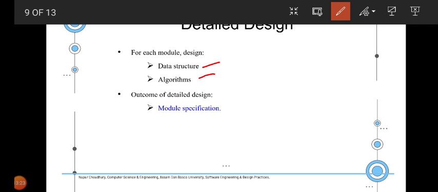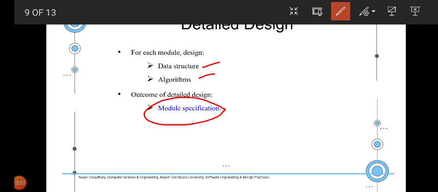So these three important aspects will be dealt with in this particular design strategy, and we will first get an idea about the various types of data types, data structures and algorithms that these modules will be handling. The output of this detailed design essentially is a module specification document where each of the modules will be represented in terms of the algorithms, data structures and data that they are handling.